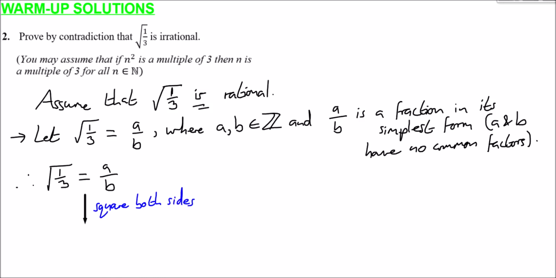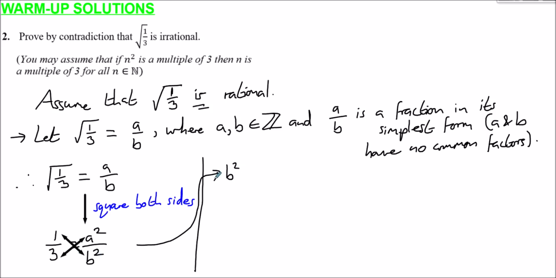And if we do that, the square root of 1/3 squared gives us 1/3, and a over b squared gives a squared over b squared. Then if we cross multiply, we can see that 1 times b squared equals 3 times a squared. So b squared equals 3a squared.